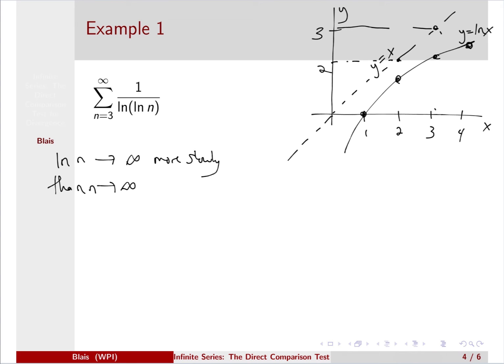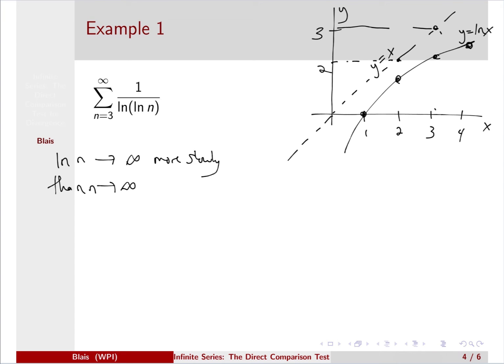And remember, what's the fundamental question we're always trying to answer when we look at a series? Do the terms go to 0 fast enough such that the series is finite? And our guess here is going to be no, because the denominator is just going to go to infinity too slowly, these terms are probably not going to 0 fast enough.